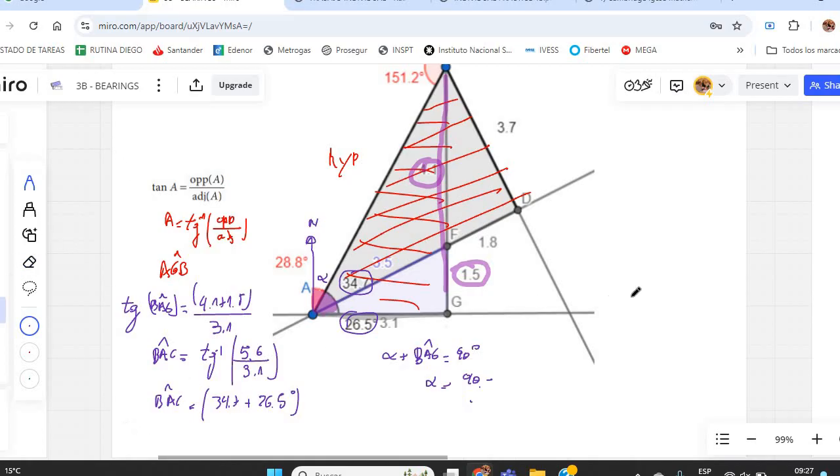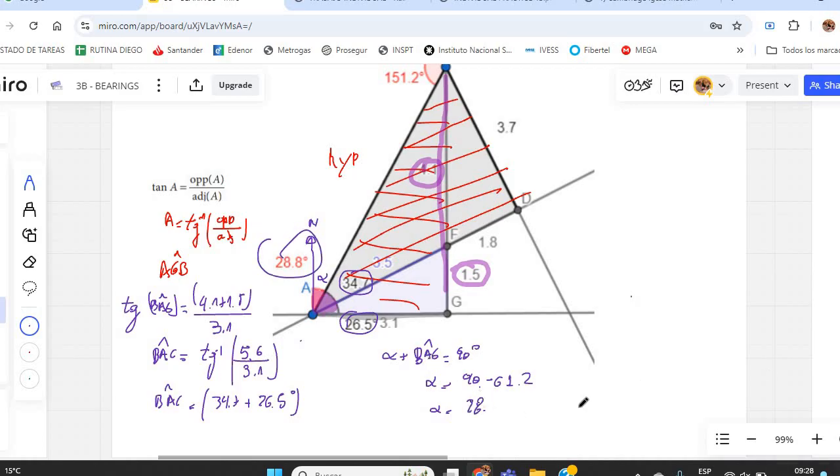Let me check the sum. It can be something like 61.2, and then I don't know if this answer is correct, but the answer should be 28.8.